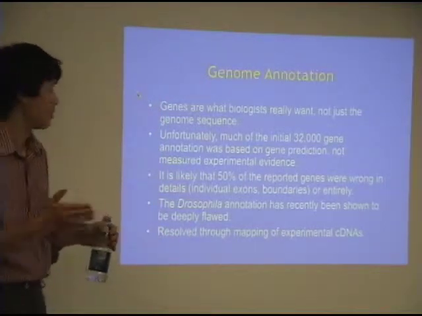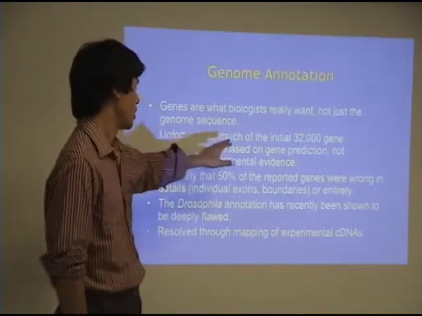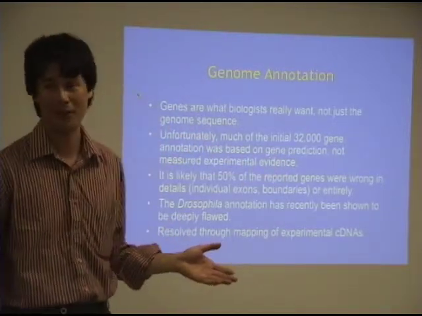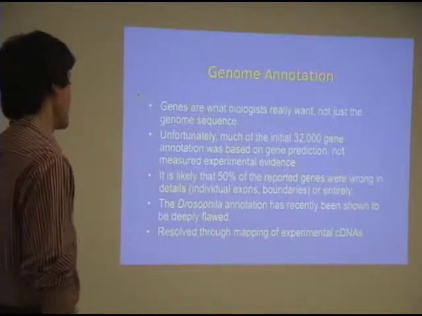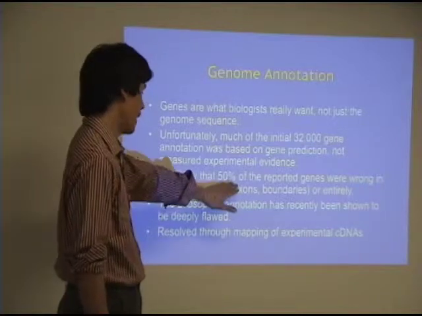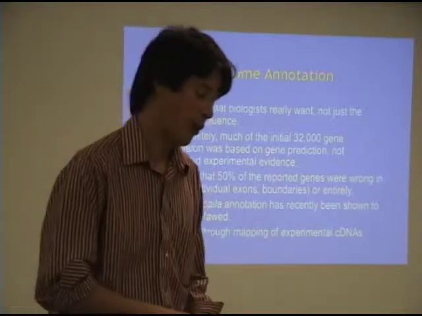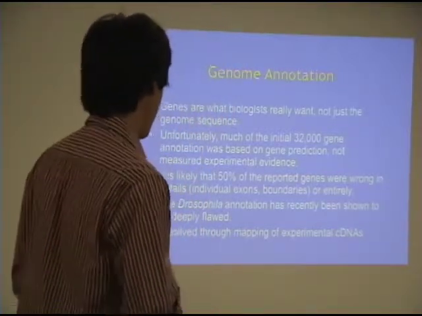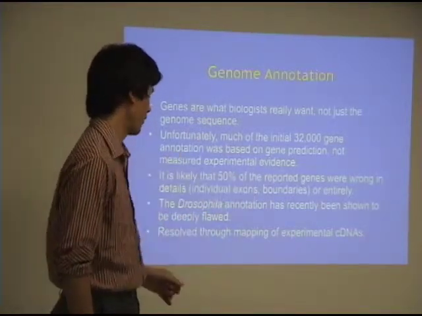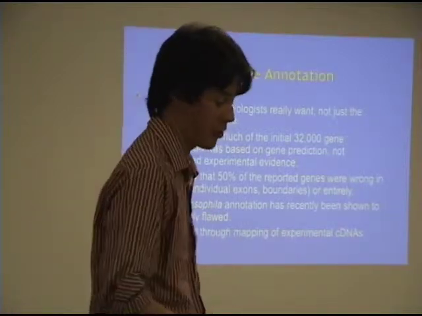Genes are broken up into a very complex structure, and the initial efforts to use those statistical prediction methods to predict the genes straight from the 3 billion letters of the nucleotide sequence actually did a pretty bad job. And something like half of the reported genes were either completely wrong or significantly wrong in important details about what the actual boundaries of exons were, which really changes the result.